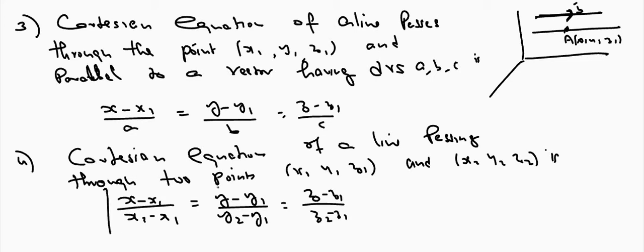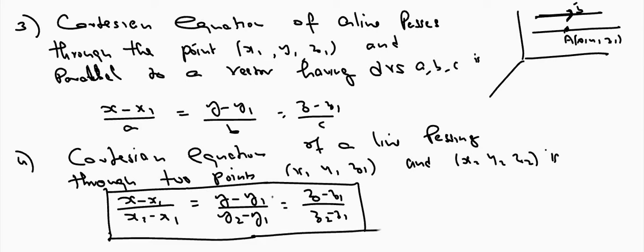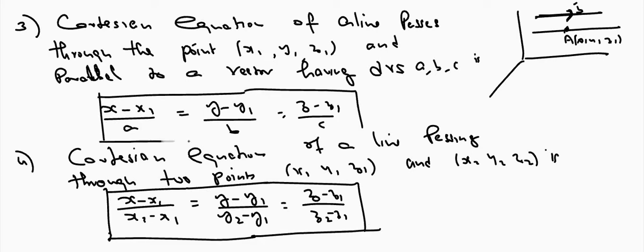This is the equation of a line passing through 2 points, and the earlier one is for a line passing through a point and having DRs proportional to a, b, c.